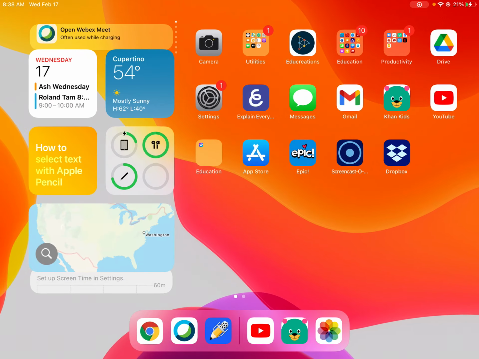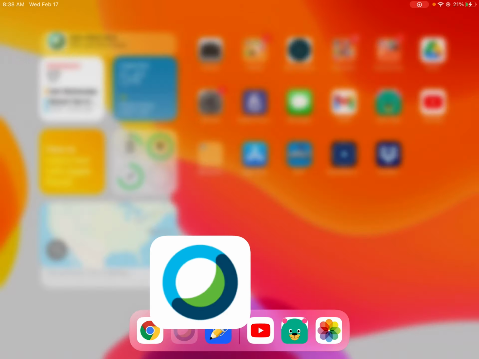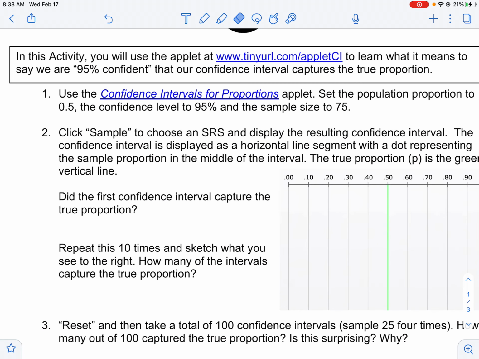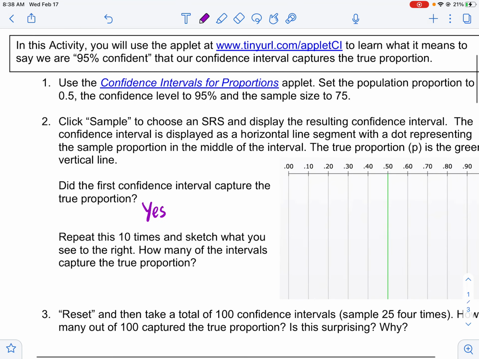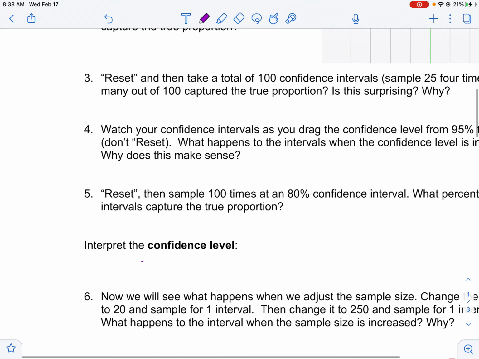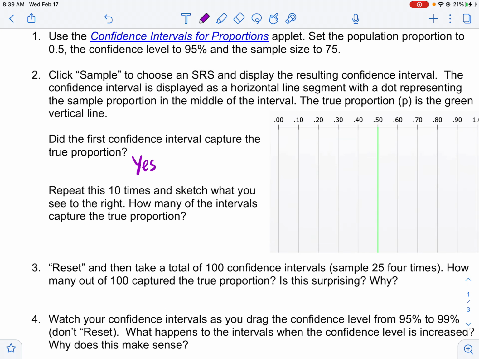So here it says, did the first confidence interval capture the true proportion? Our answer there is a yes. Repeat this 10 times and sketch what you see to the right and how many of the intervals capture the true proportion. So let's do that 9 more times. Of course, you're going to sketch that.